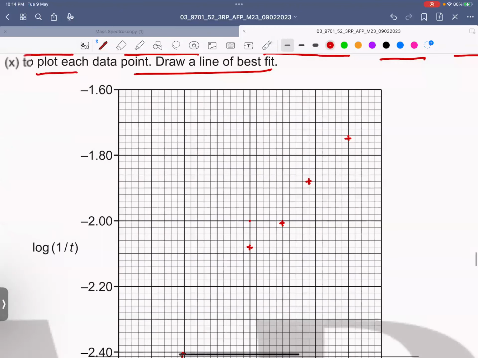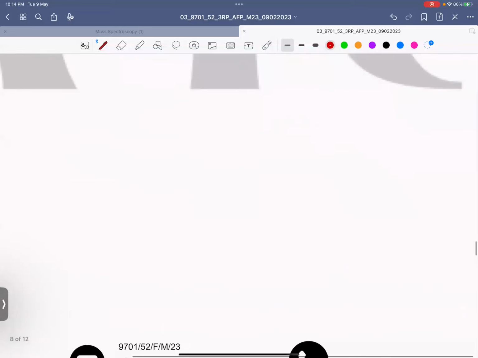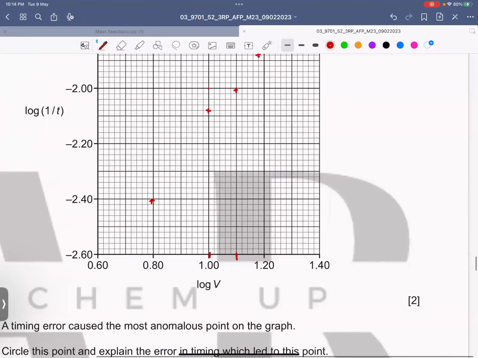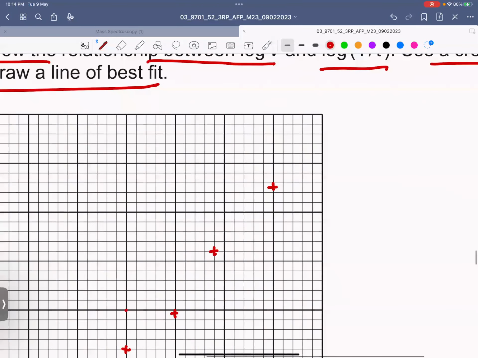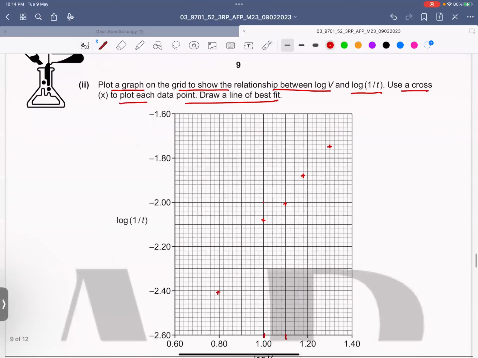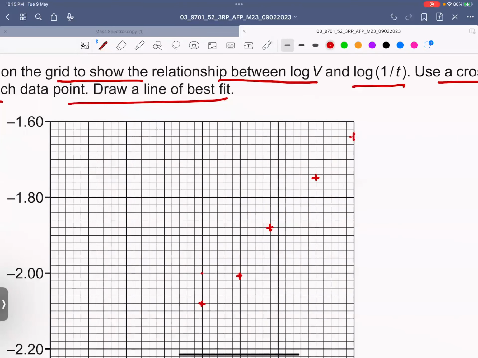And then 1.4 and minus 1.64, so it would be over here.